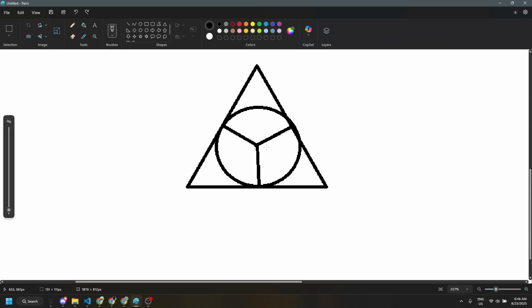If this is the center of the circle, I believe it's also one of the centers of the triangle. Triangles have like 4 centers, so yeah.